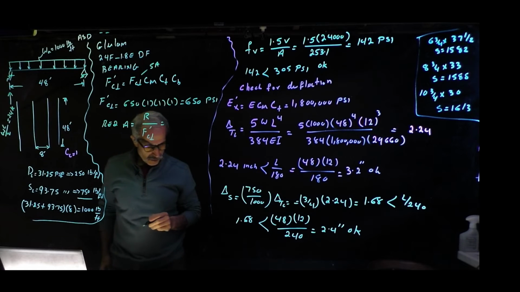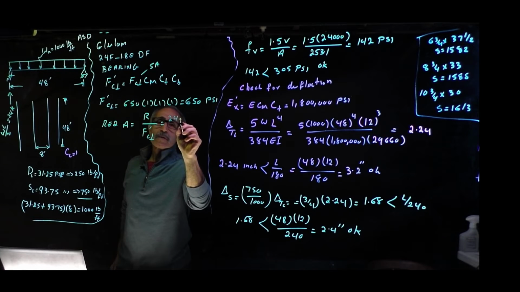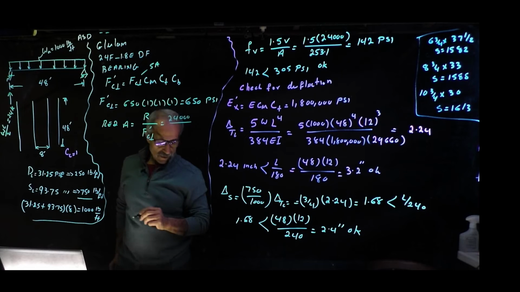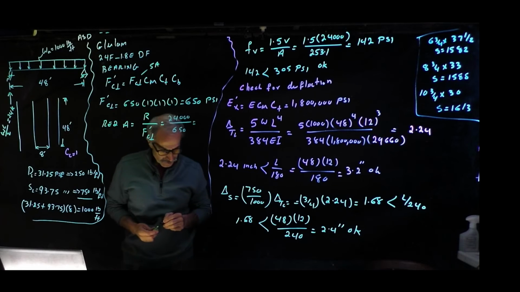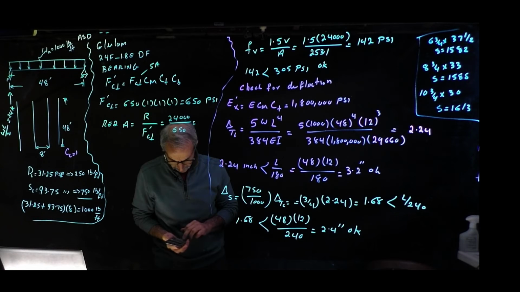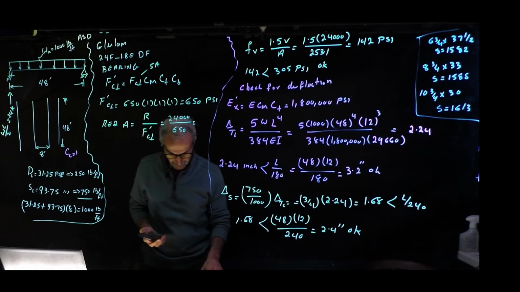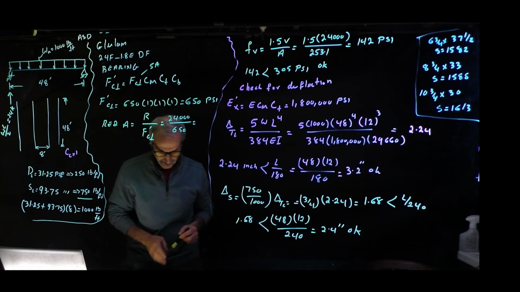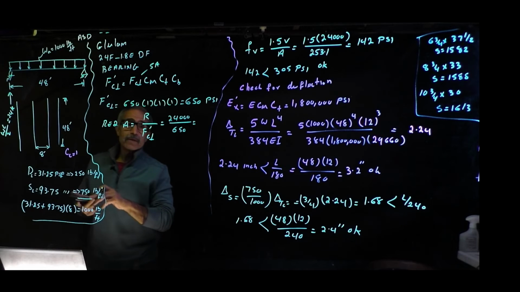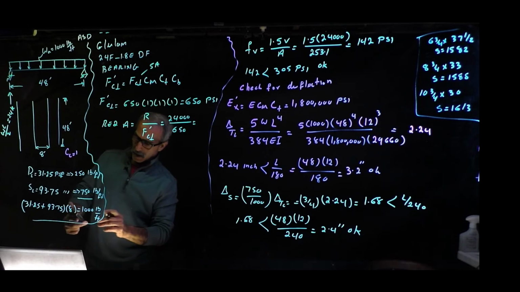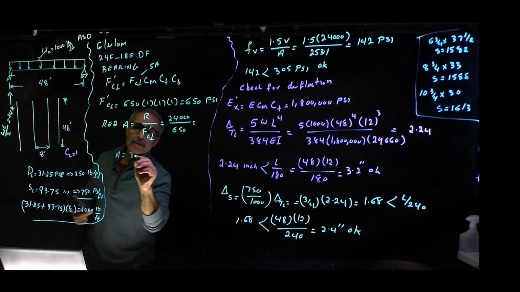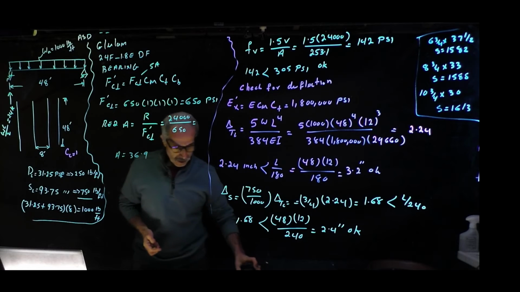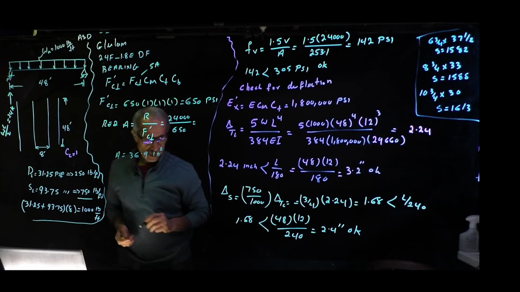So that comes out to be 24,000 divided by 650, and that is equal to 36.9. Area is equal to 36.9 square inches.